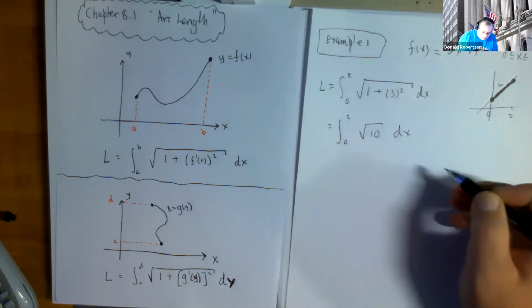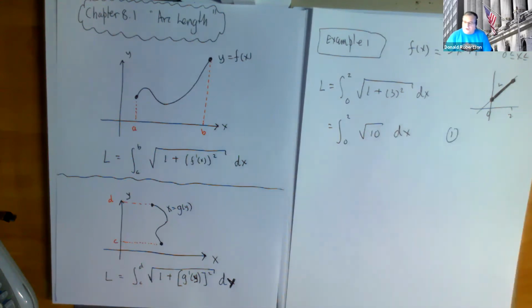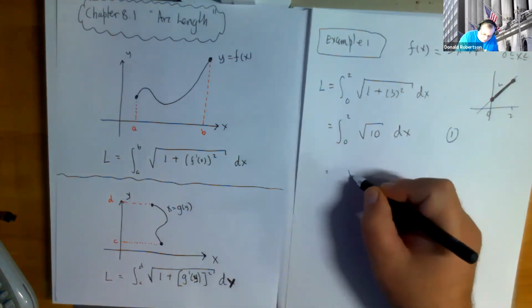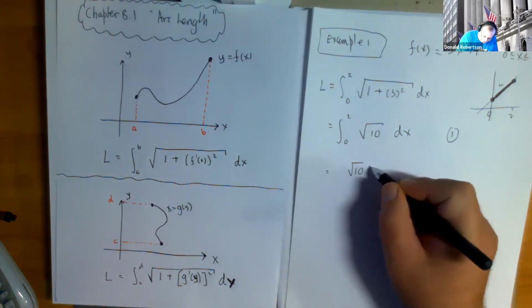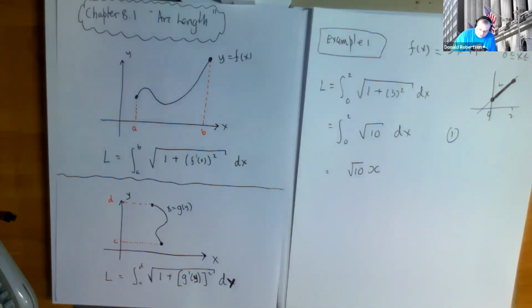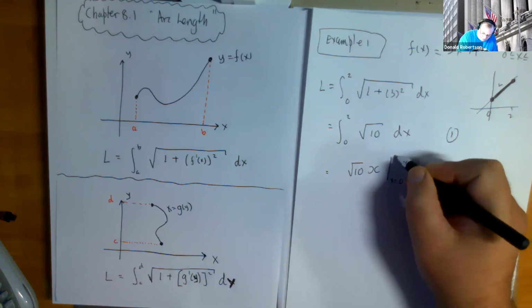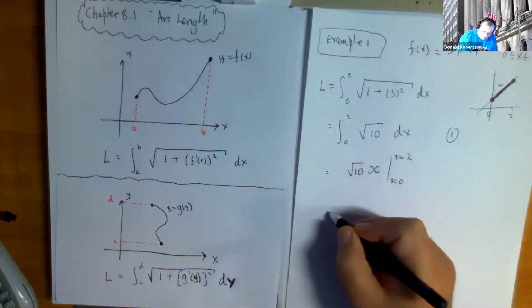So this would count as situation 1, agreed? Square root of a number. Now, it'd be nice if it'd been the square root of 25, because then I could have said 5. But it's still a number, that's all it is. Integrate, antiderivative of a number, you get the same number with an x, evaluated from x equals 0 to x equals 2.